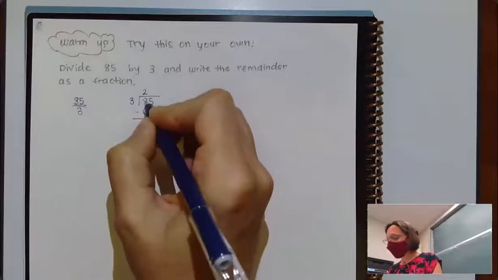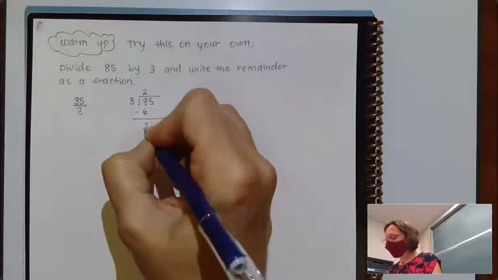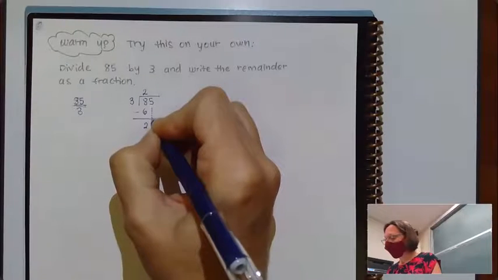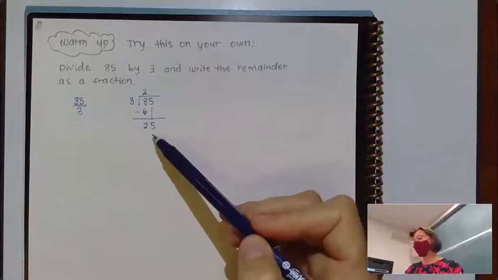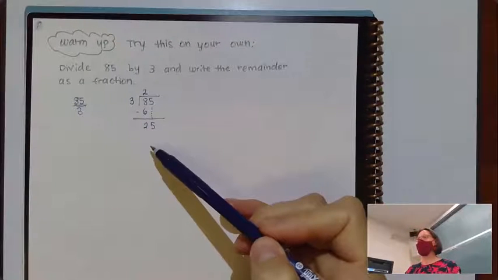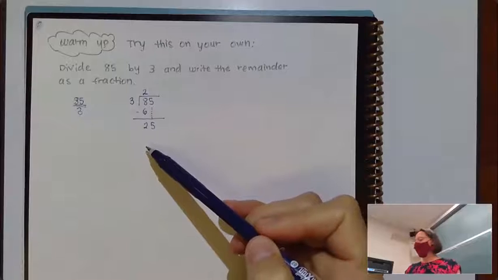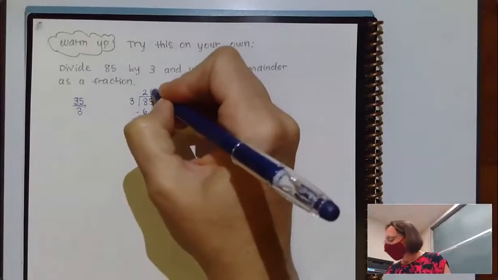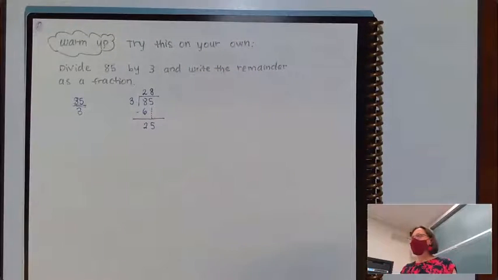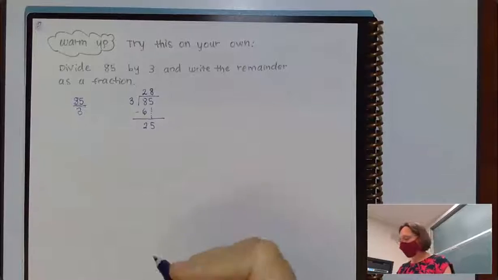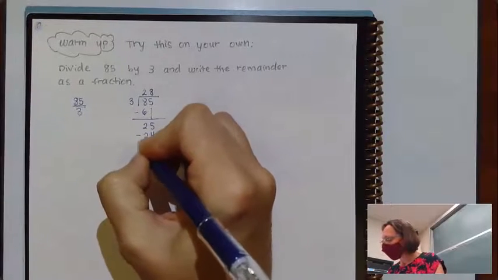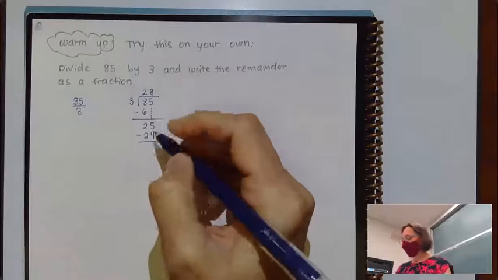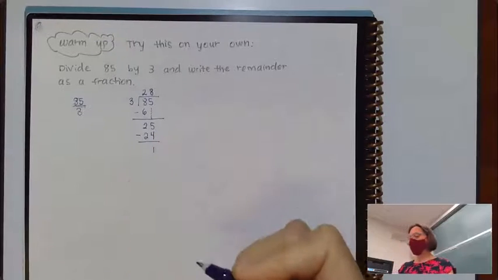The result, 8 minus 6 would give me 2. And then we bring the 5 down. So now I'm looking at that and saying, 3 times what is going to get me close to 25? Because 3 times 8 is 24. And then when I subtract the 24, 25 minus 24, I would be left with a 1.